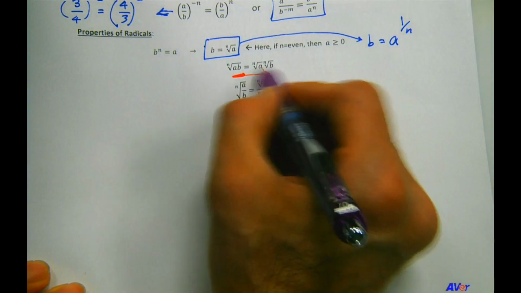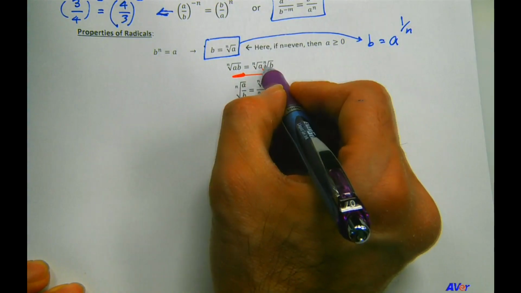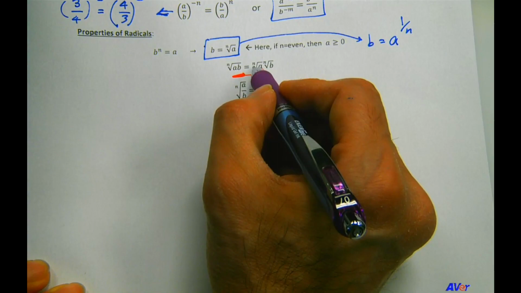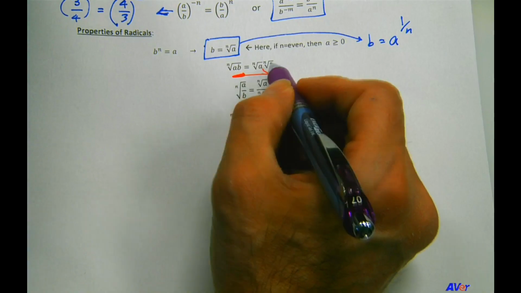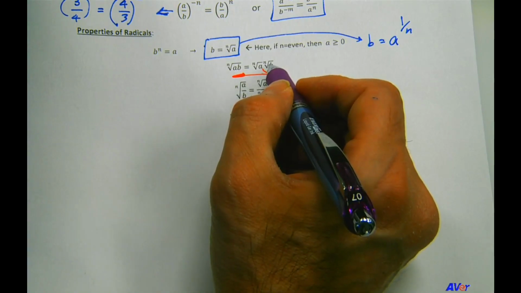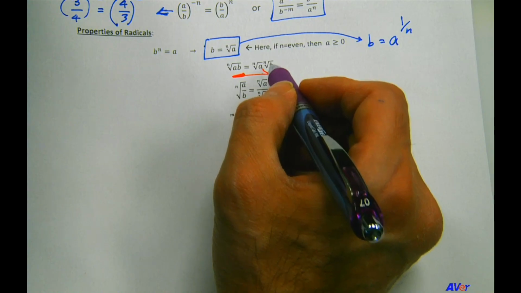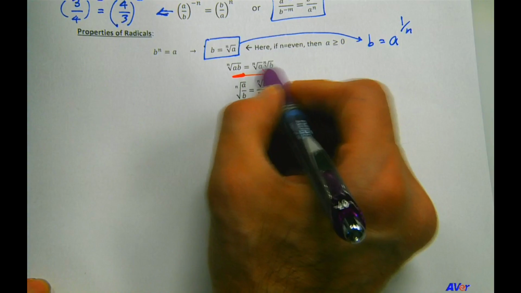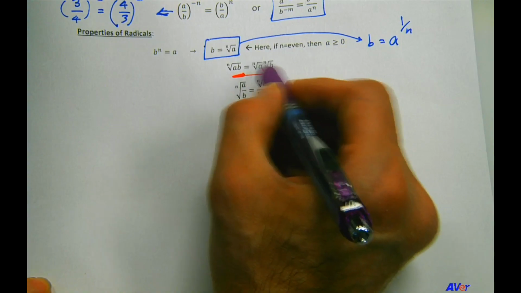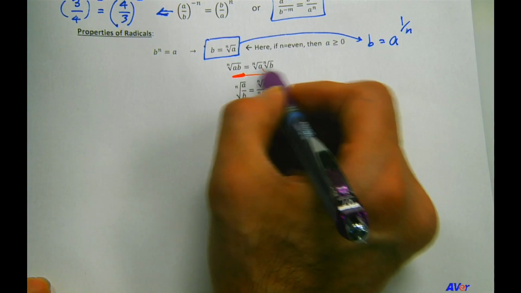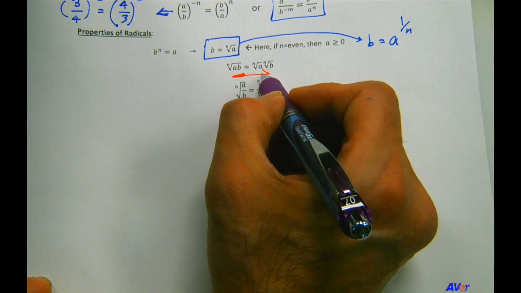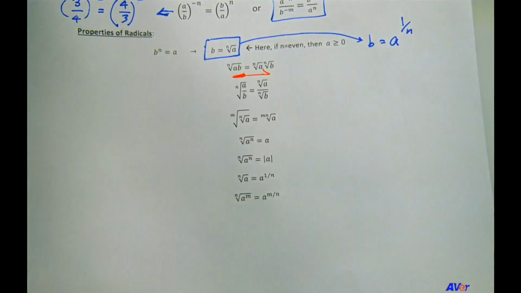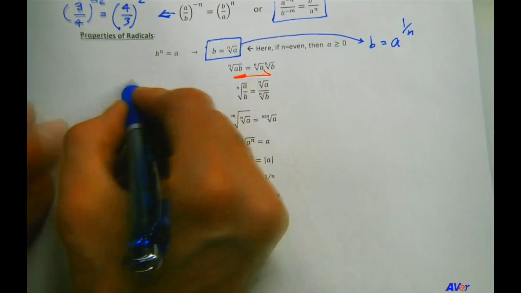Oftentimes you have two radical expressions that have the same index. So a square root of something multiplied by a square root of something. Fourth root of something multiplied by fourth root of something else. If the indices are the same, if the roots are the same, then you can multiply on the inside. So for example, let's do an example here.